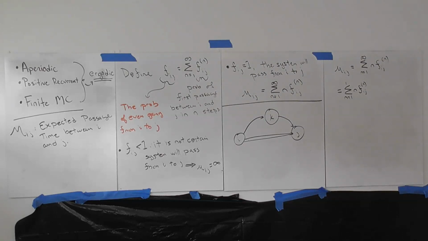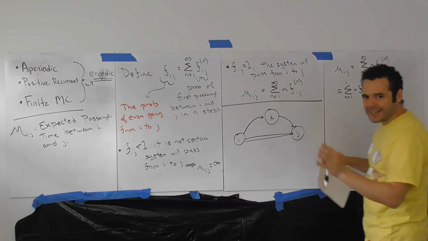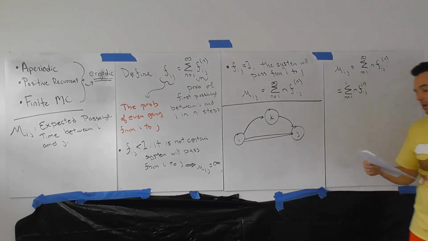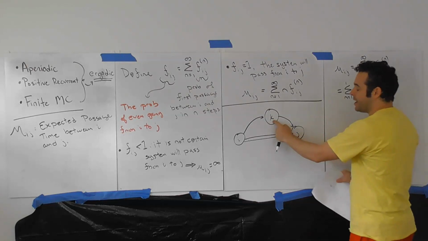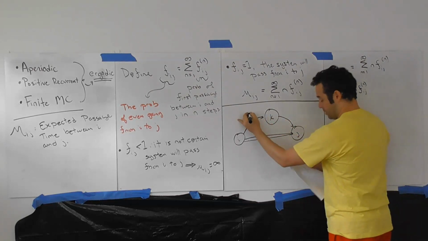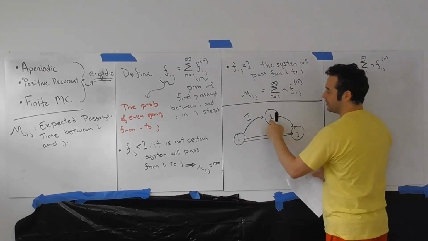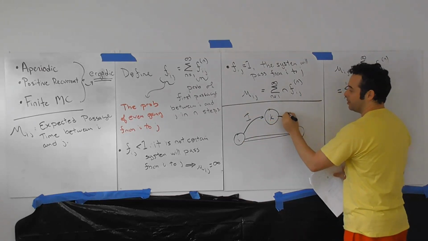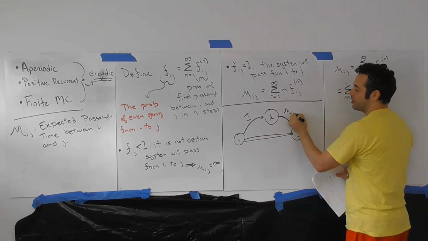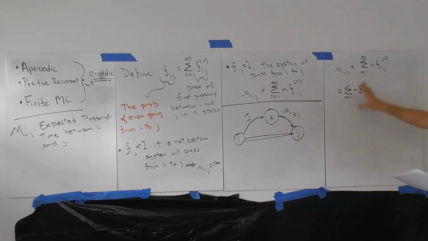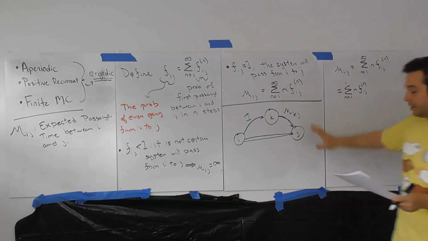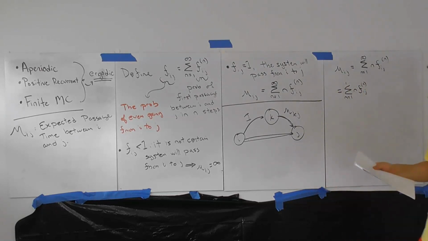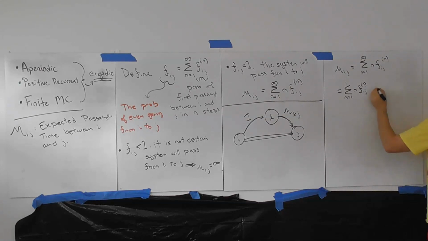Now what we're going to do is take that same process that we had done before, where we go through state k. We do one step to get to state k, and then we ask, how long does it take, on average, to go from k to j? This is the same thing we did in the last video, just written a little bit differently. That's equal to the summation over all the other states that we could visit that aren't j.